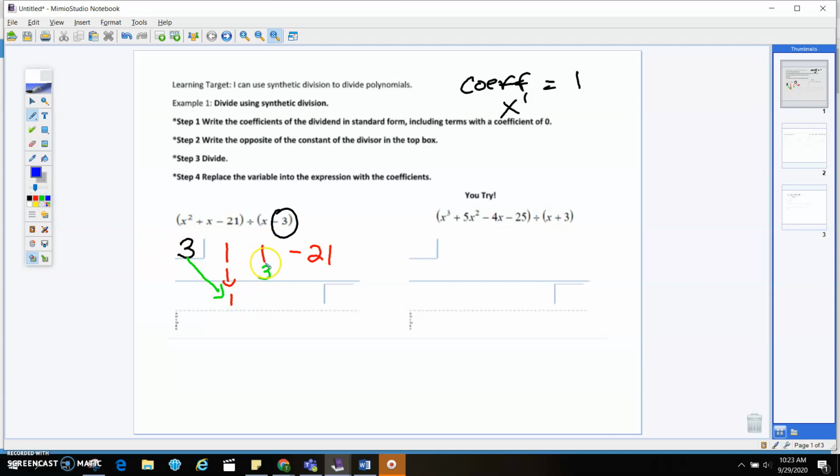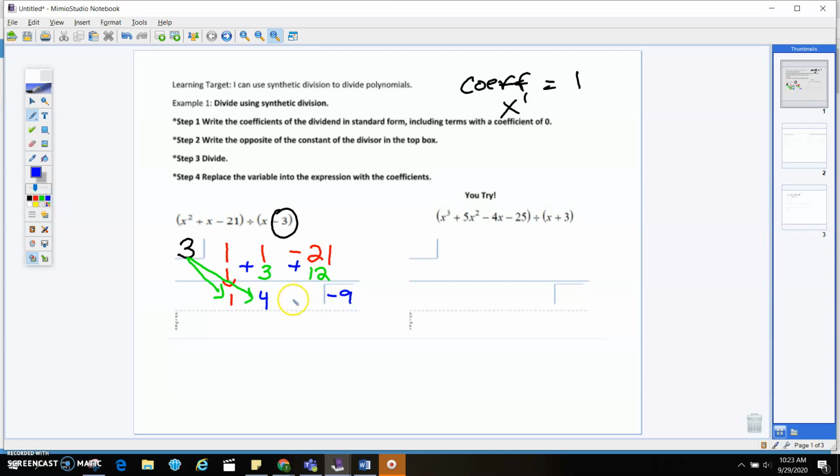Then add 1 plus 3 going down, and that gives you 4. Then multiply 3 times 4, which gives you 12. Add those numbers together, and that gives you negative 9.